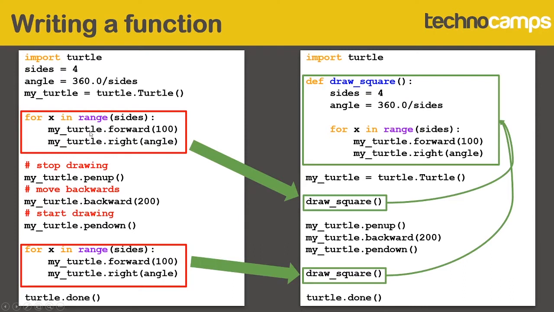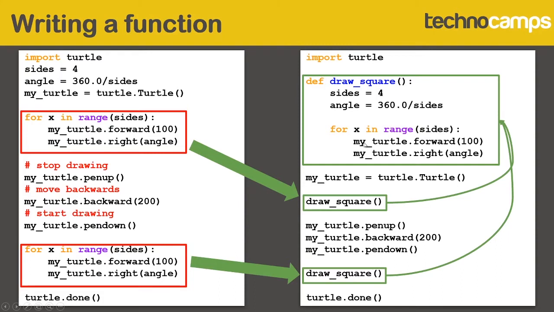And then we use the same code here for the for loop. So for x in range of sides, move forward and move right. And we paste that code into here. So this is our function here, this complete box here. And each time we call this draw_square function in our main program, it will call this function here and draw a square.